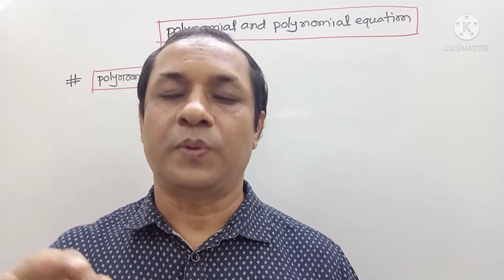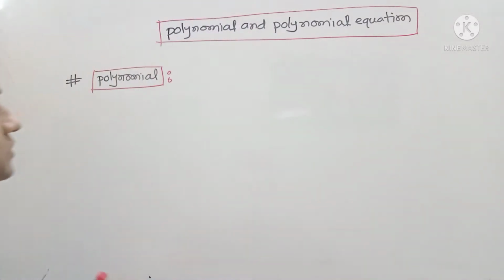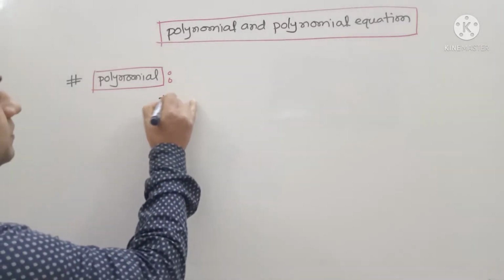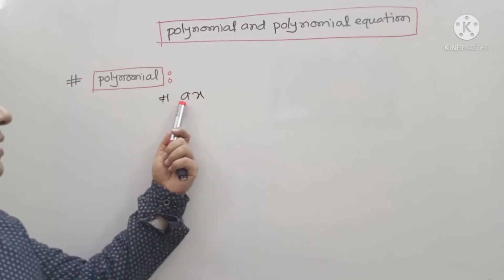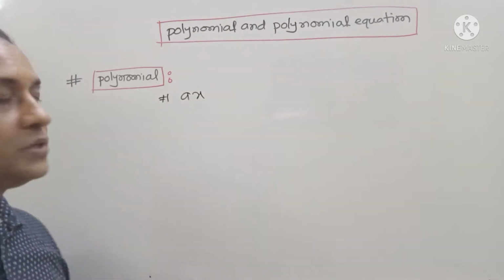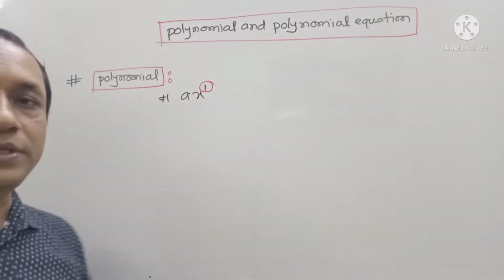So this is a polynomial. For example, number one, here ax is one term, a is a constant, x is a variable. So the power of the variable is a positive integer.